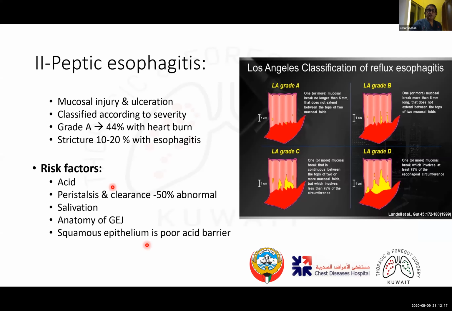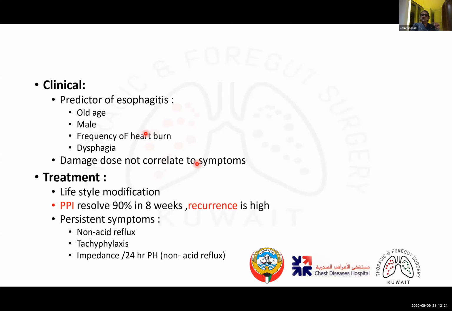The other complication of GERD besides Barrett's esophagus is peptic esophagitis. I guess we discussed that earlier. The treatment of peptic esophagitis is basically modification of lifestyle and starting them on PPI. The problem with PPI in esophagitis is that they may recur after stopping the PPI.